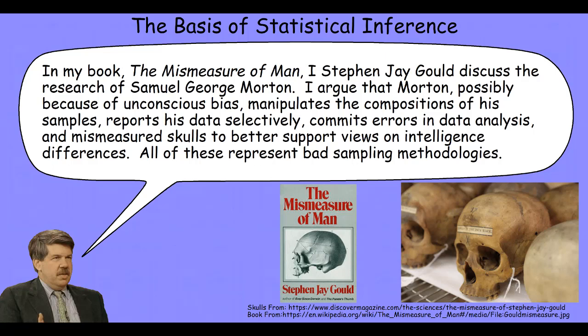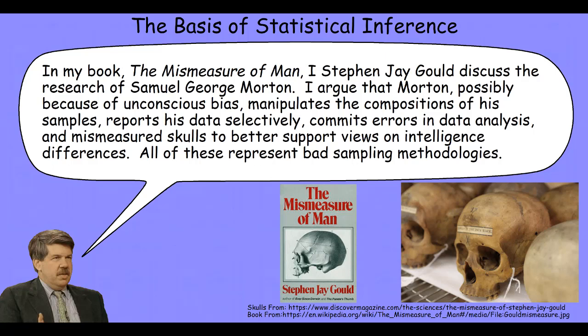And what Gould argues is that plausibly because of his unconscious bias, Morton engages in a number of highly questionable practices in what seems to be on the surface an earnest attempt to answer that question.